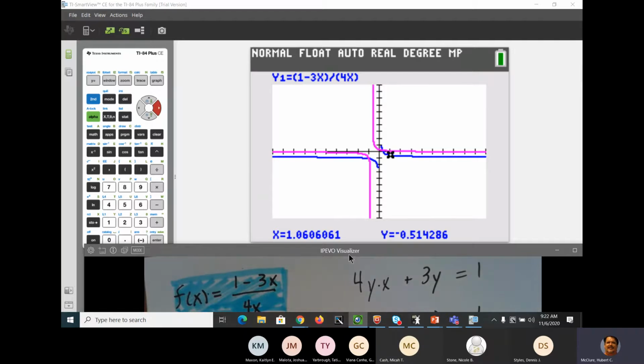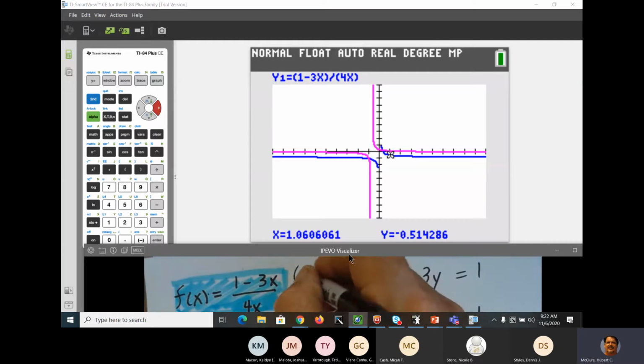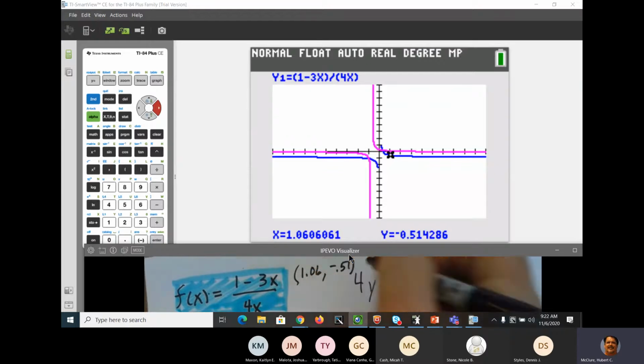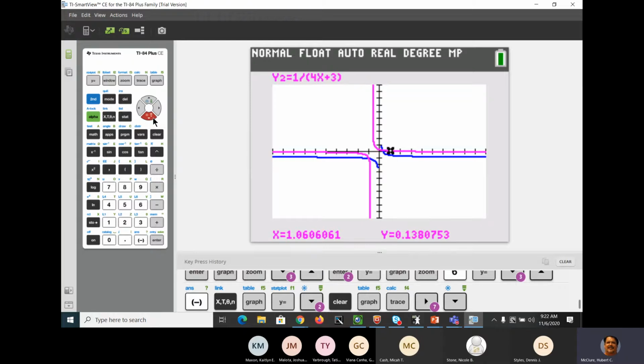So I'm going to write down an X and a Y for the blue. And that's 1.06, comma, negative 0.51. Okay, now we're going to go to the pink. And let's see if we get a negative 0.51 for X. Let's see if we get 1.06 for Y. So negative 0.51, well, it's not there.